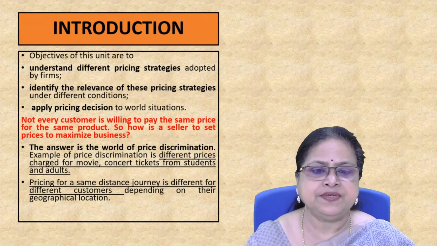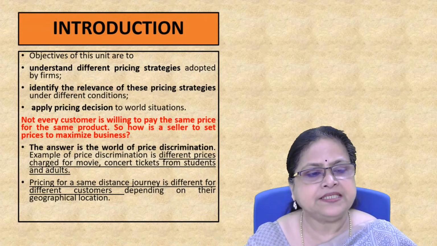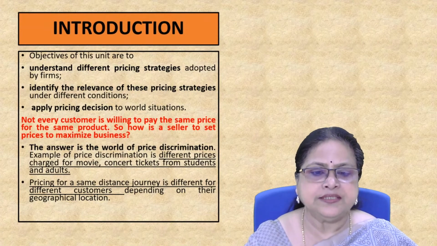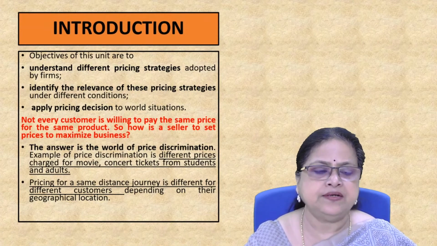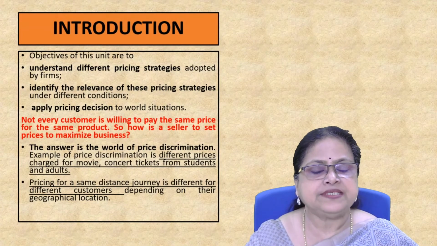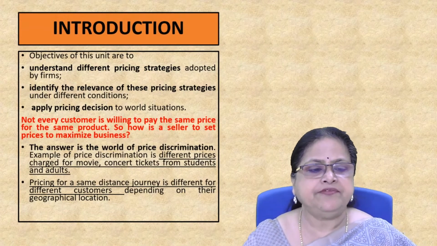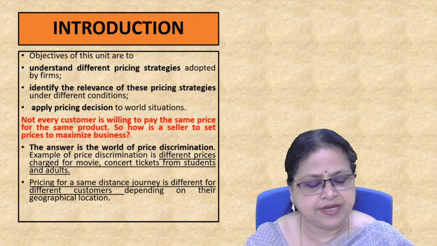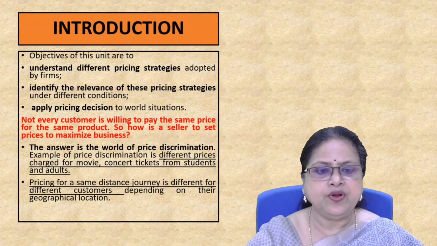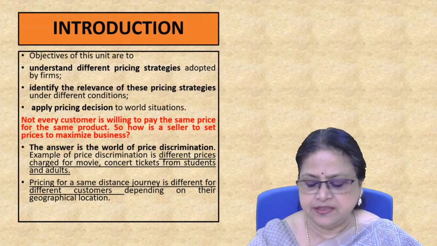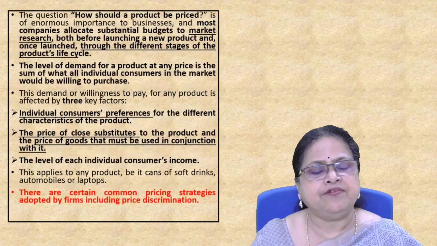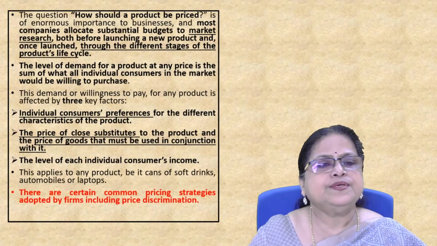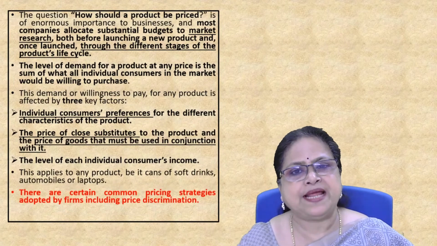An example of price discrimination is different prices charged for movie and concert tickets for students and adults. Similarly, pricing for a same-distance journey is different for different customers depending on their geographical locations. These are examples of price discrimination, or you can say a kind of price strategy. Now the question is, how should a product be priced?